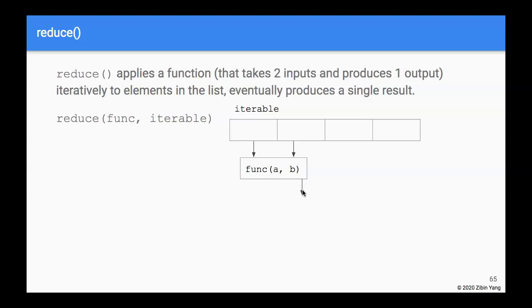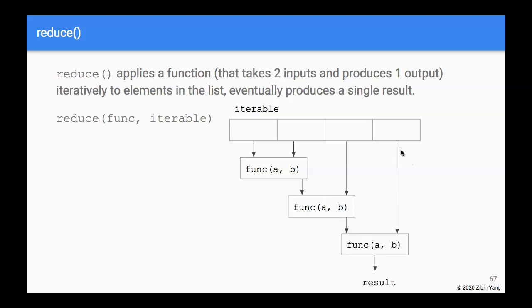What reduce does next is that it takes the next element from the list, and together with the output from the previous call to the function, it now has two inputs, and then it feeds them again into the function, which then yields one output, and it repeats the same process.